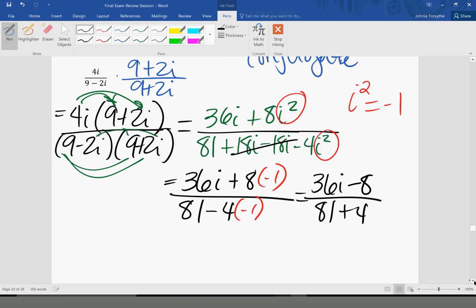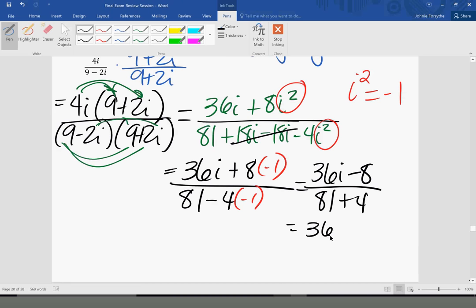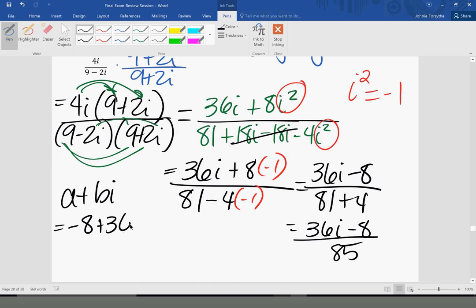So that's going to be 36i minus 8 over 85. Now, I want you to write the answer in a plus bi form. So we're going to switch the order around here. That's going to be negative 8 plus 36i over 85.